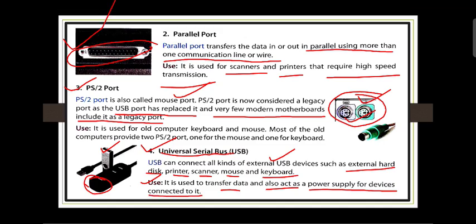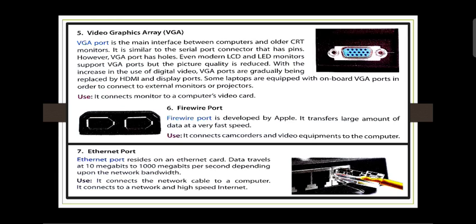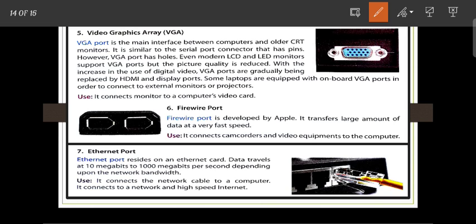Next is video graphics array. VGA means video graphics array, the main interface between the computer and older CRT monitors. It is similar to the serial port connector that has pins. However, VGA ports have holes. Even modern LCD and LED monitors support VGA ports.